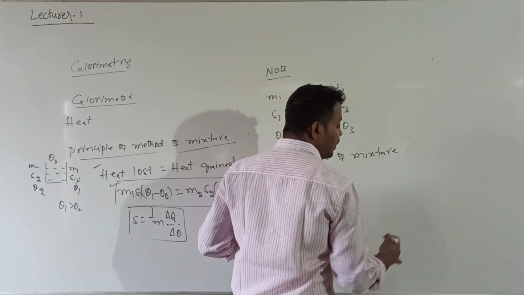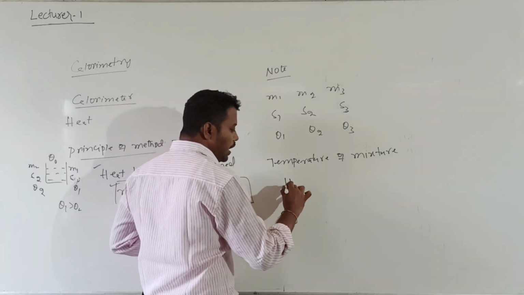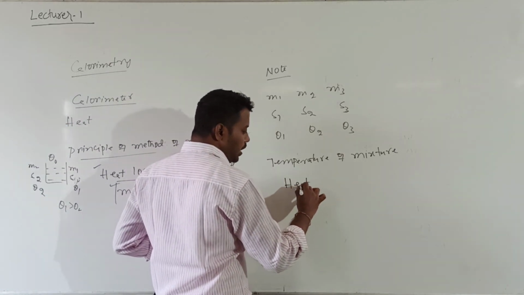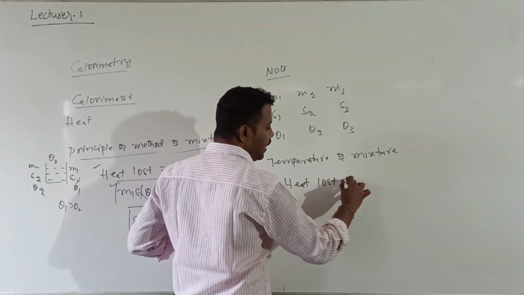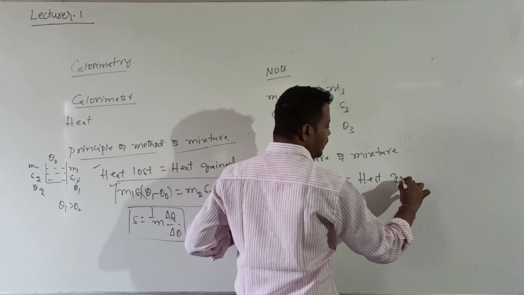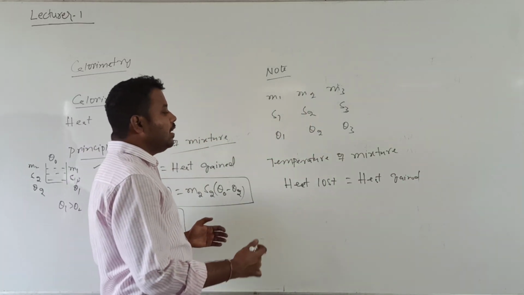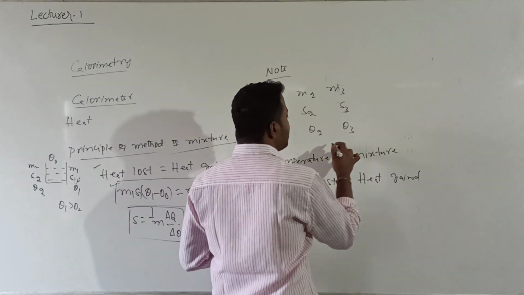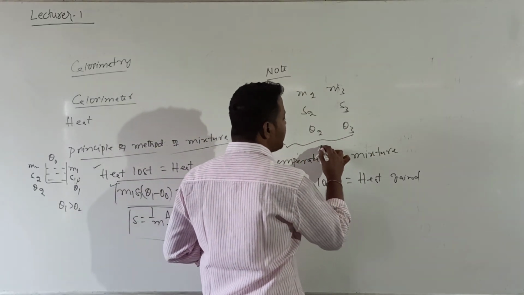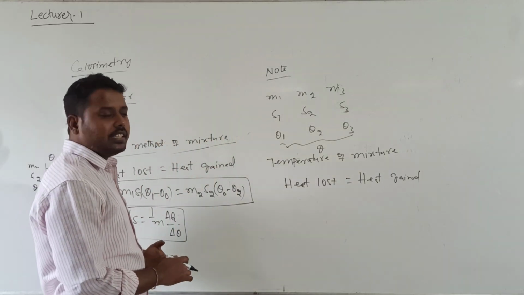Here also, to calculate it, we will apply the principle: the heat lost by the hot body will be equal to the heat gained by the cold body. Correct? After mixing, all attain the same temperature; let me call the common temperature theta.